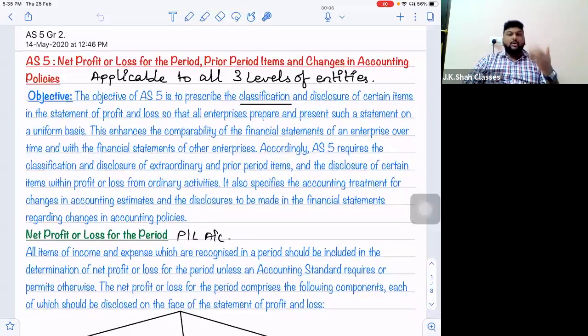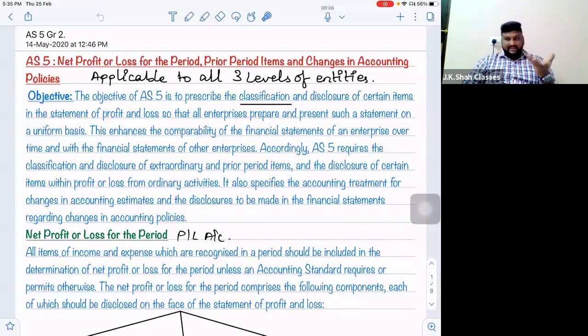Followed by, we will also be learning the treatments with respect to changes in accounting estimates, which is new for you people, as well as treatments with respect to changes in accounting policies. If I am not wrong, changes in accounting policies we have already covered in AS1.